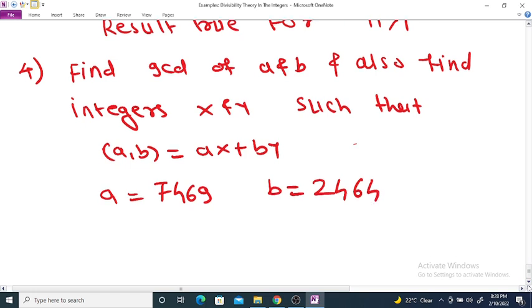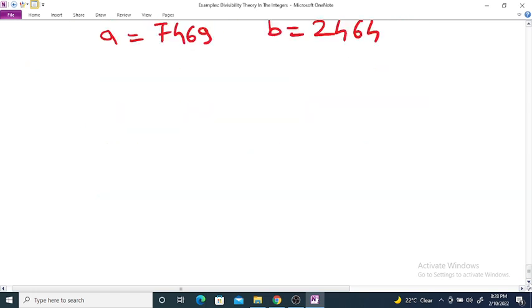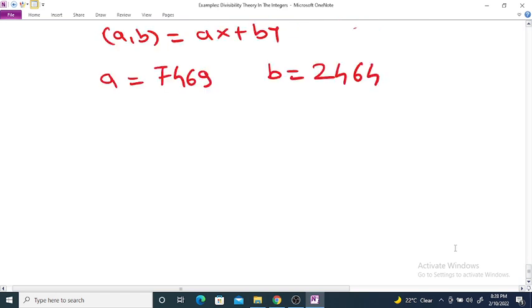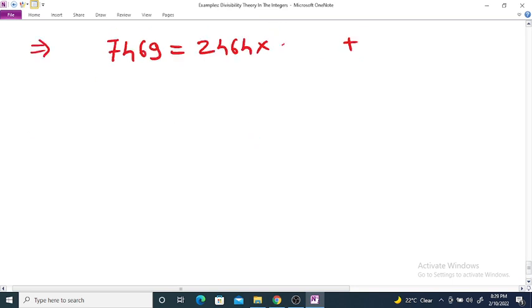Now we are going to apply the Euclidean algorithm to find the GCD of these two numbers. If we divide 7469 by 2464, we want to determine the quotient and remainder. Here the quotient is 3 and the remainder is 77.